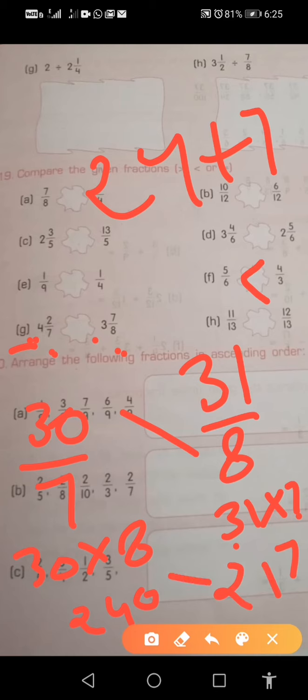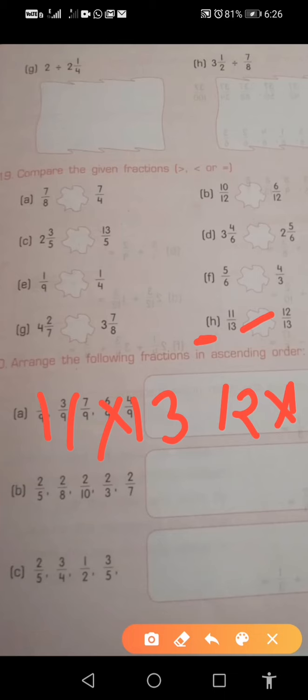Which is greater? 240. So the greater than symbol comes here. Greater than. Okay student, don't write it like that; both sides of the symbol should be the same length.